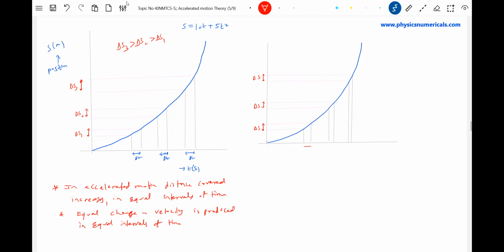This is going to be different. Delta T1, delta T2, delta T3. Look at that interval. T is in seconds. S is in meters. This is all for uniform accelerated motion. Everything I'm discussing is for accelerated motion.